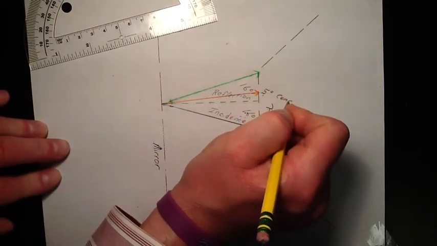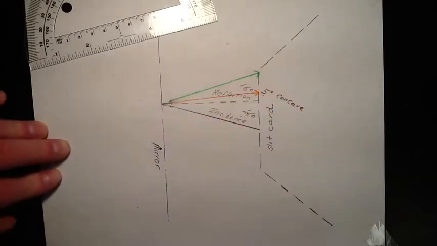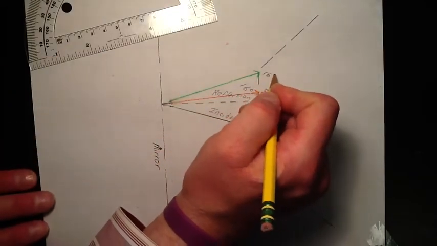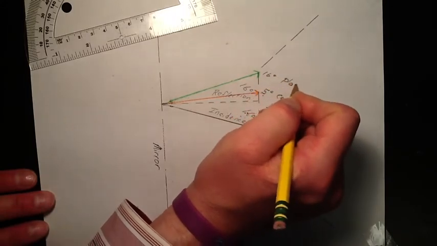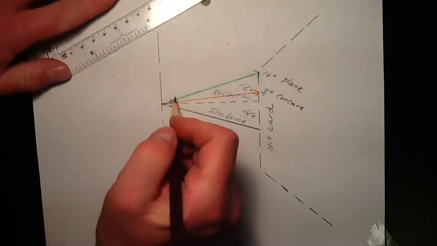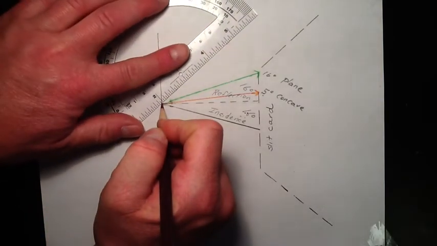For the concave, 5 degrees; 16 degrees for the plane. And now we'll connect the line for the convex mirror.